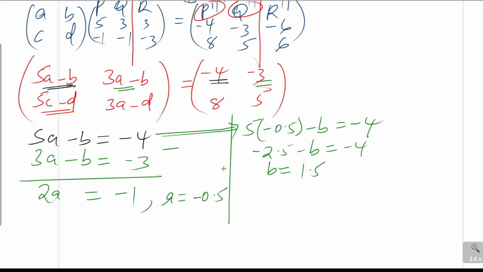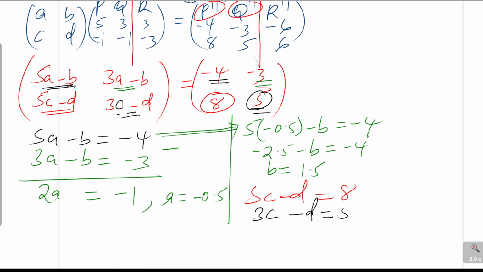So for C and D, I can take 5C minus D. That one matches with 8. And then this one matches with that. So, not 3A, but this is C. Sorry, I wrote the wrong thing here. It's supposed to be C. So this is 3C minus D is equal to 5. So I can eliminate D. 5C minus 3C, I get 2C.